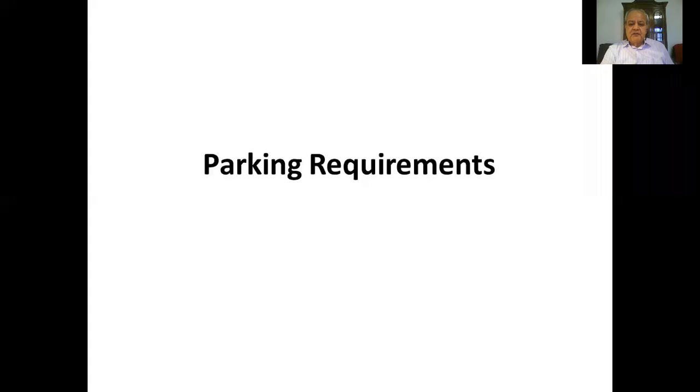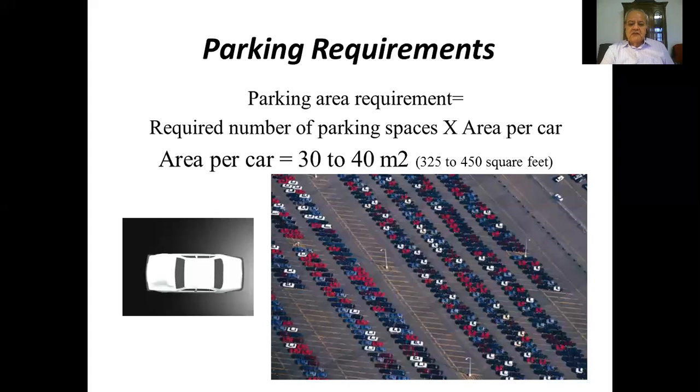Just briefly to go over the parking requirements, because in many projects they create problems. We have to understand that the parking takes more than just the space of the car. We need space for roads and sidewalks and curbs and stuff like that.